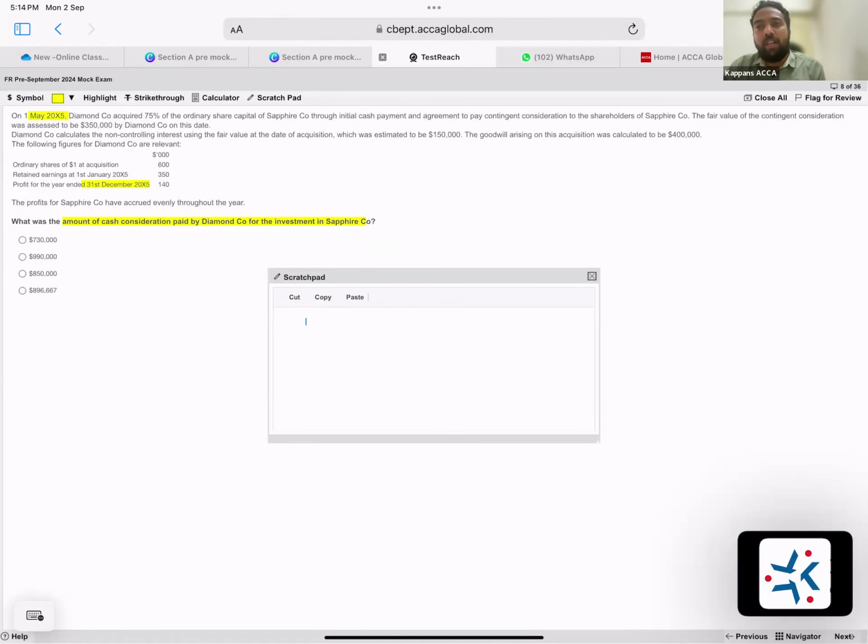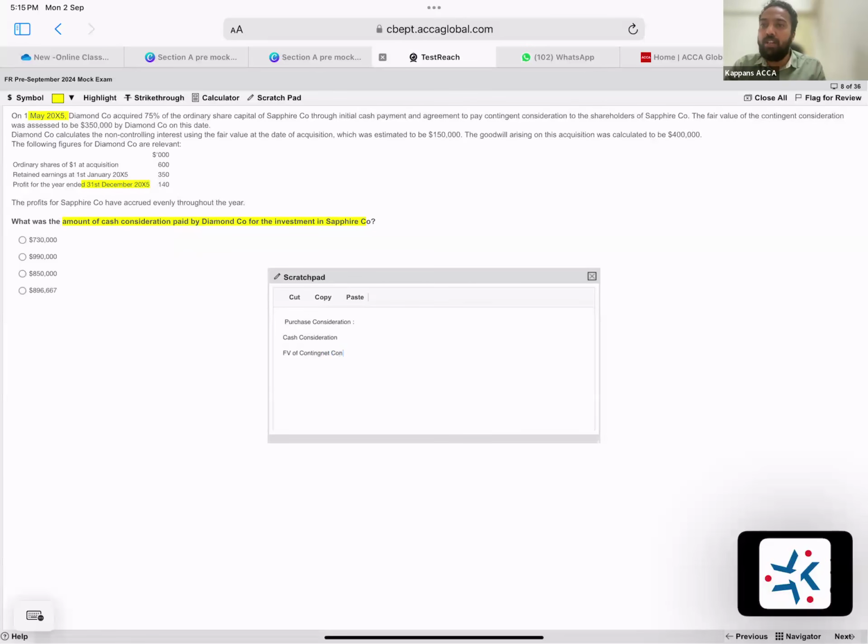So how do you calculate goodwill? Goodwill is basically purchase consideration at date of acquisition. And we do have here cash consideration. And we also have contingent consideration, which has to be calculated at fair value.